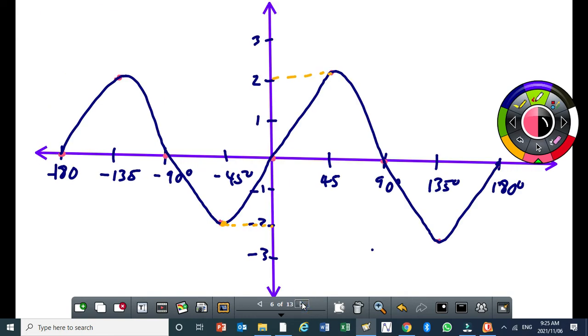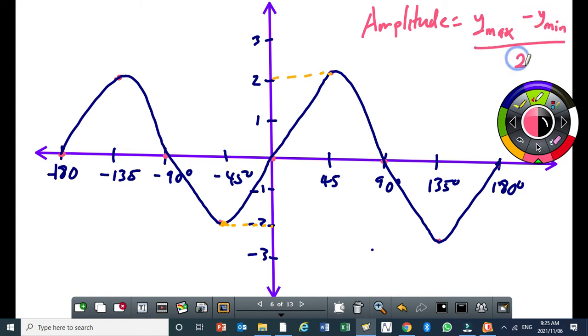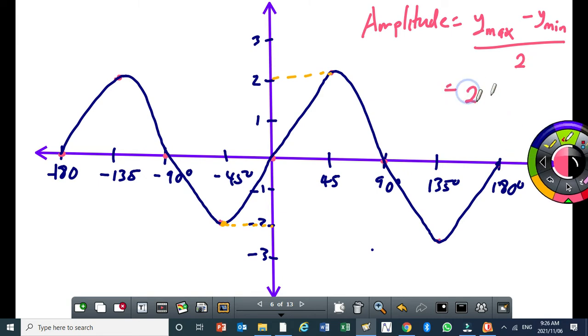If you can't get it from the equation, then amplitude, please write this down somewhere. It's equal to y maximum minus y minimum all over 2. So for our question here, our maximum is 2, minimum is negative 2. So you get 4 over 2. The answer will be 2.